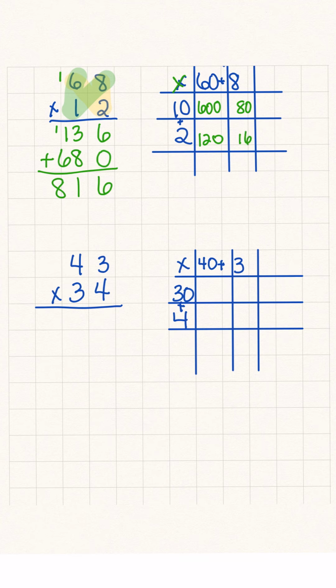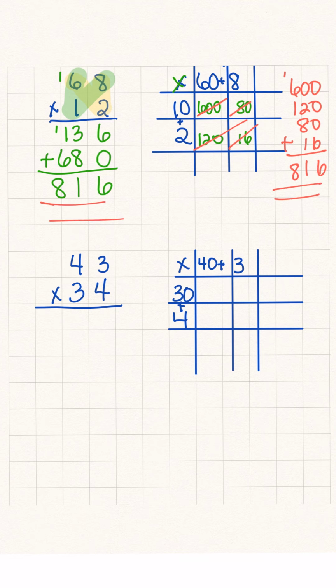Add them all together. 600 plus 120 plus 80 plus 16. We have 6, 10, 11, 7, 8, 8, 16.